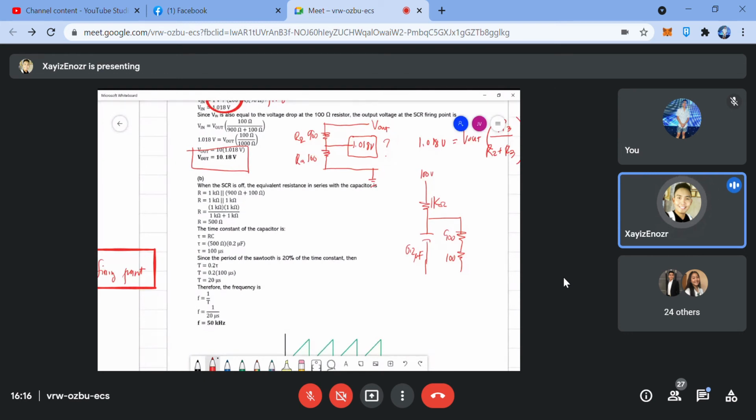Wala yung SCR side. So, mapapansin nyo, kung sa point na to, kung kukunin mo yung equivalent resistance ng mga resistor na to, so para ka lang may parallel ng 1 kilo ohms, tsaka nung naka-series connection na to na 900 plus 100.